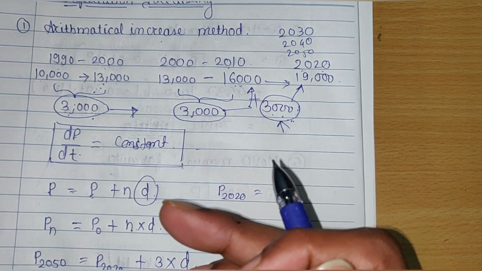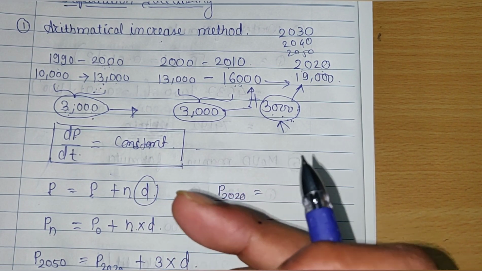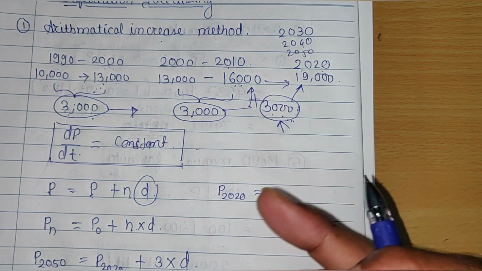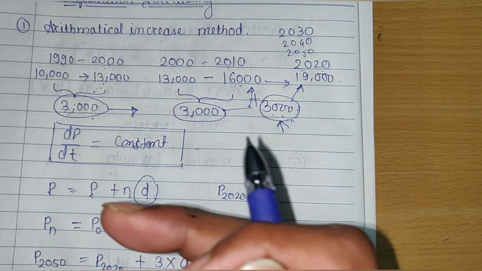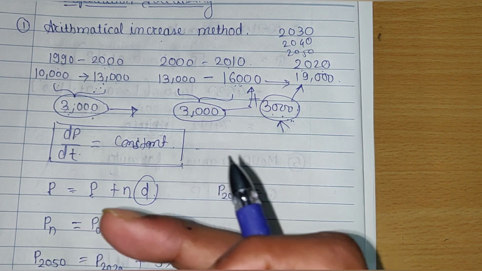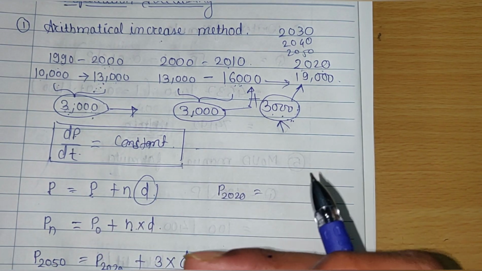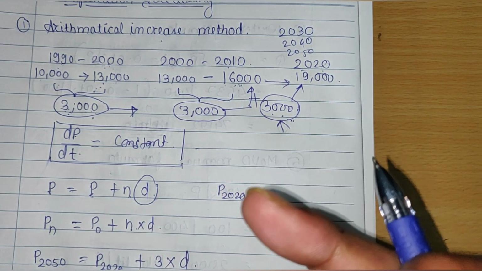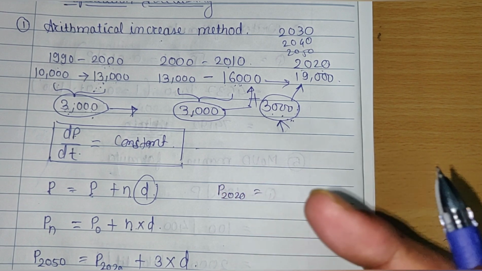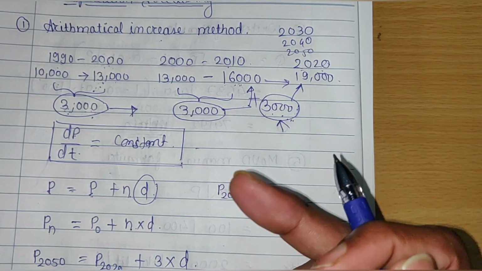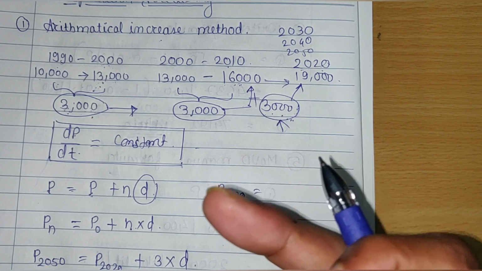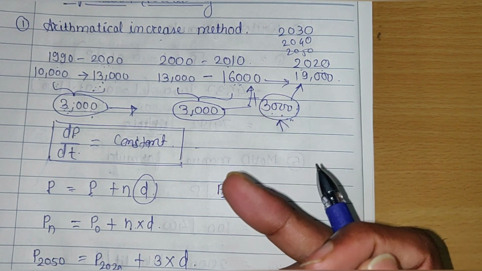I am telling you about the rate, not the amount of population or the number of people. The rate of increase in population for Nashik and Nagpur will be more as compared to Delhi and Mumbai, because there is less scope of infrastructure development in Delhi and Mumbai.